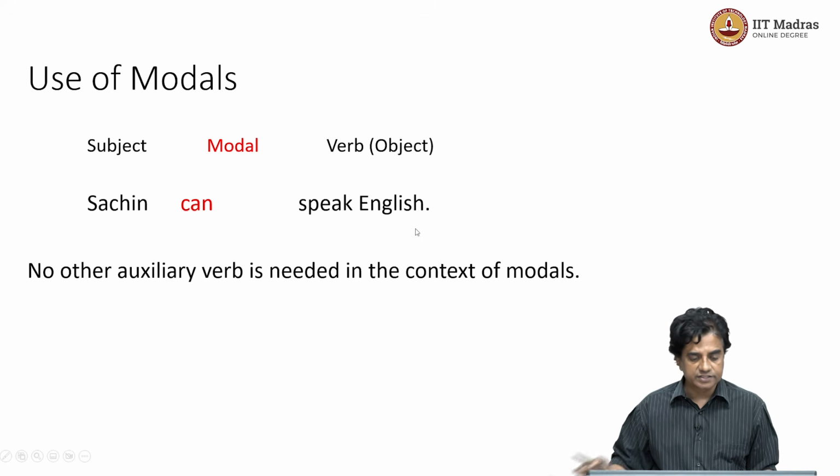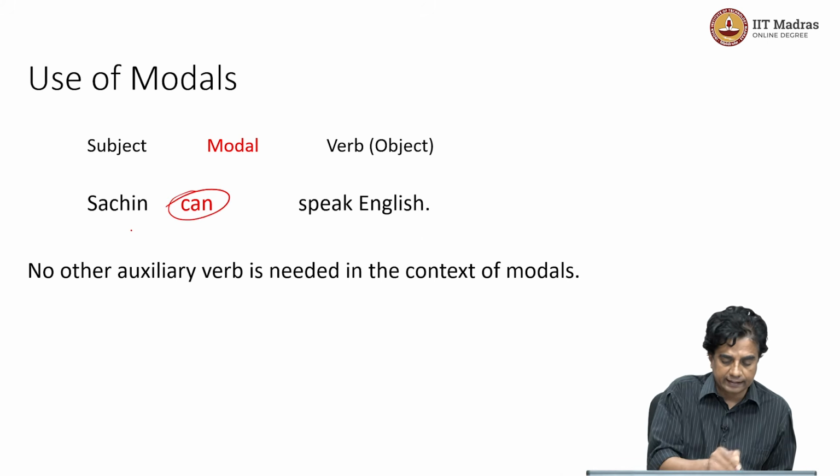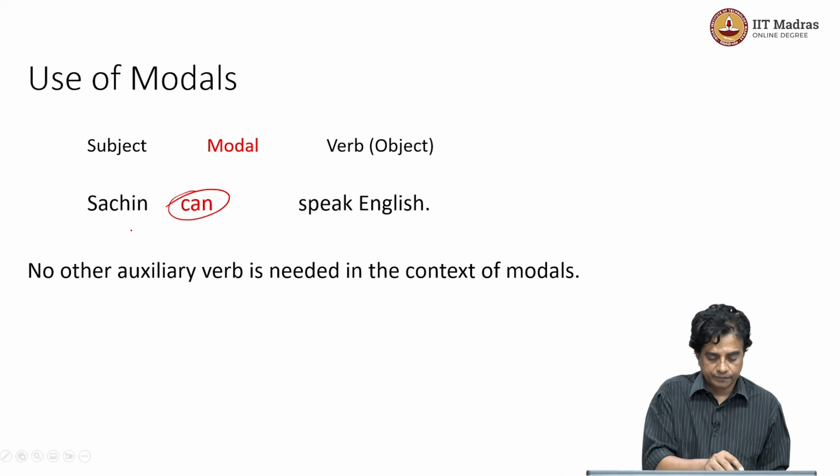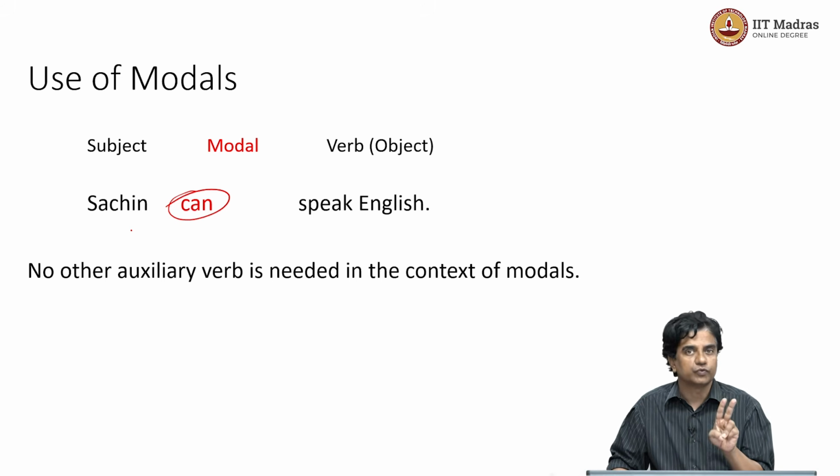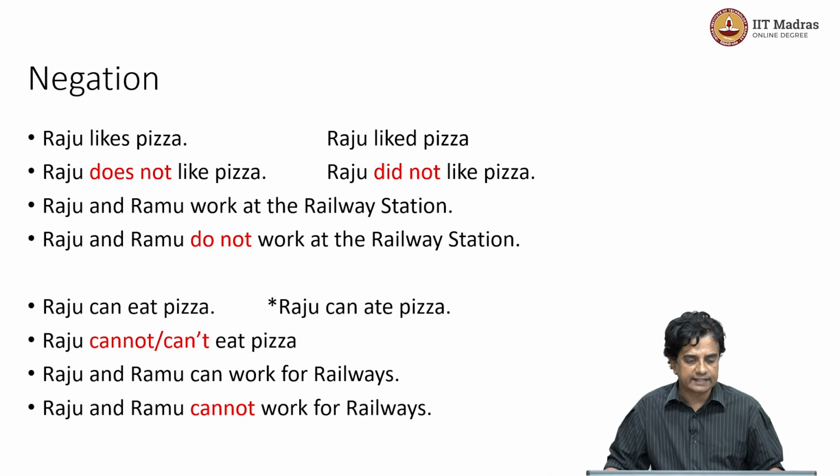"Sachin can speak English." This is the modal in red. And once you get one auxiliary, you cannot have two. This is also the answer to the question why modal auxiliaries do not mark tense, because we cannot have two auxiliaries in one sentence.